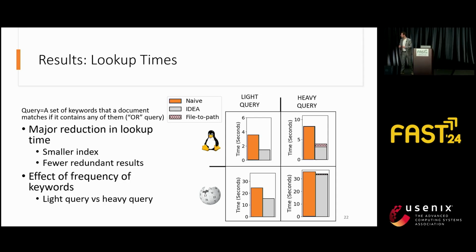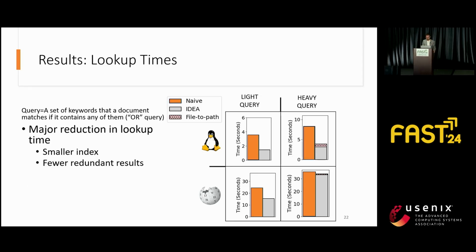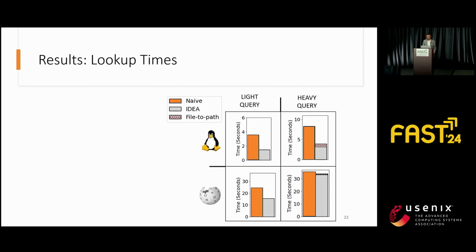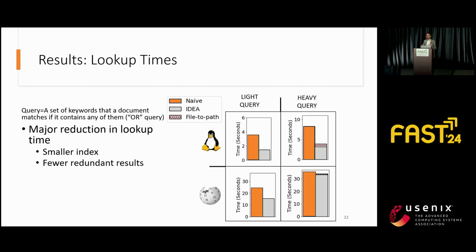The frequency of keywords also affected the time. For the lighter queries, there was a bigger benefit, and for the heavier queries, where a file contains the terms many times, it was exactly that diamond-like diagram that we saw earlier, and those are the cases where the lookup times were a tad less beneficial.